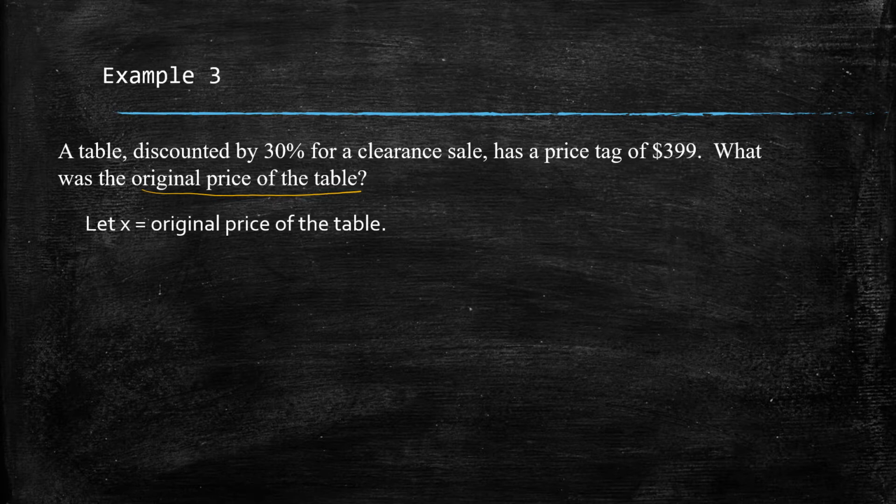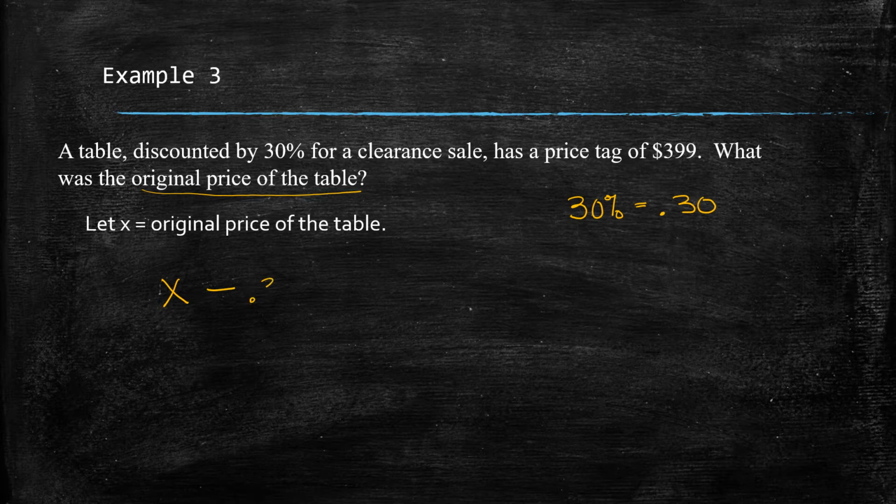So we then want to write an equation. We start with the original price of the table, and then it's been discounted 30%. Remember, for percentages, we want to write these as decimals, so 0.3 or 0.30. We start with the original amount x, and then we're going to reduce the price, so we're taking something away.